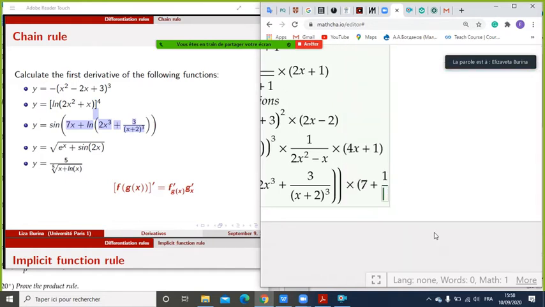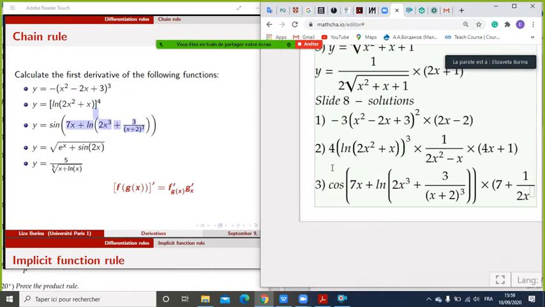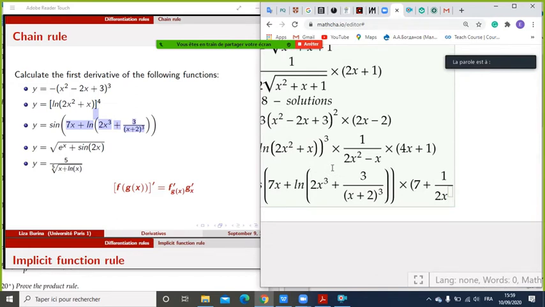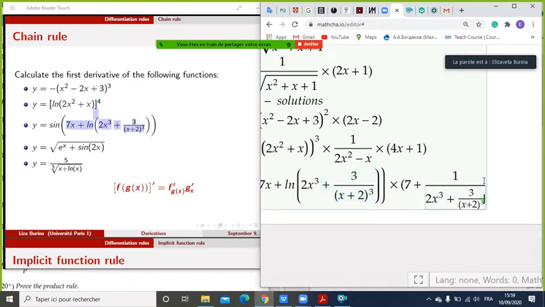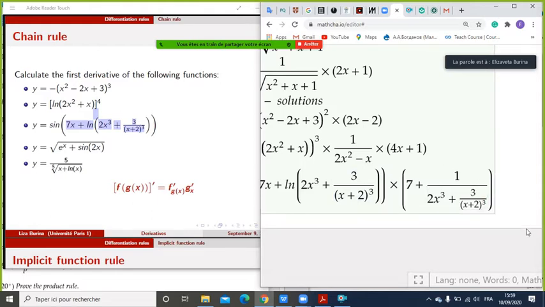And here we have so many things inside the log. If I copy this, will it copy beautifully? Yes, okay, perfect. So that is the second one.